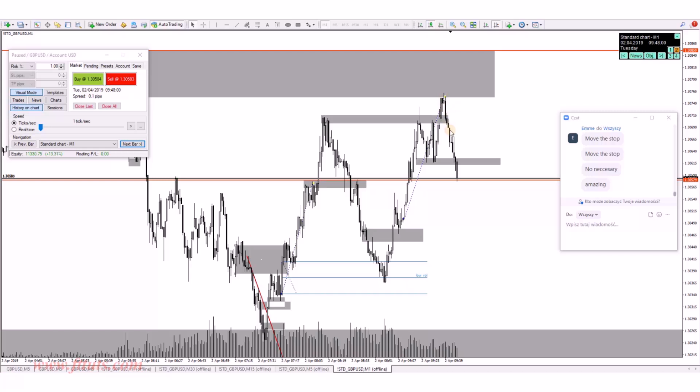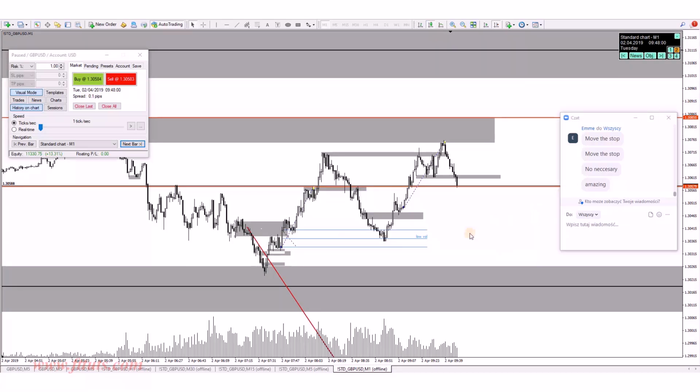So it was just a break of this demand, the last one. I prefer to use the imbalances. Maybe here was one like this. That's why we have small candle here. Yeah, maybe with footprint I will join here, but with footprint. Yes, right now I'm just happy after 13%.